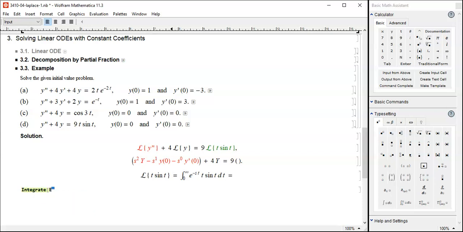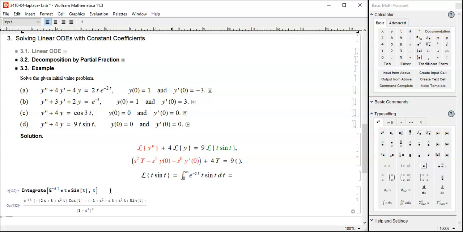Integrate e to the negative s t times t times sine of t dt, with respect to t. What do I get?